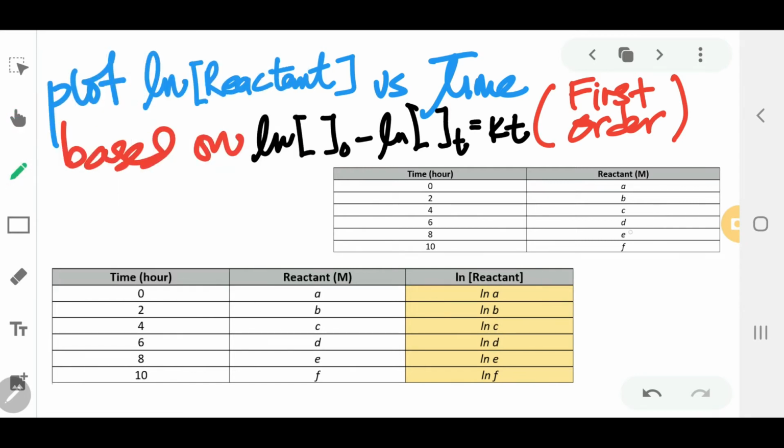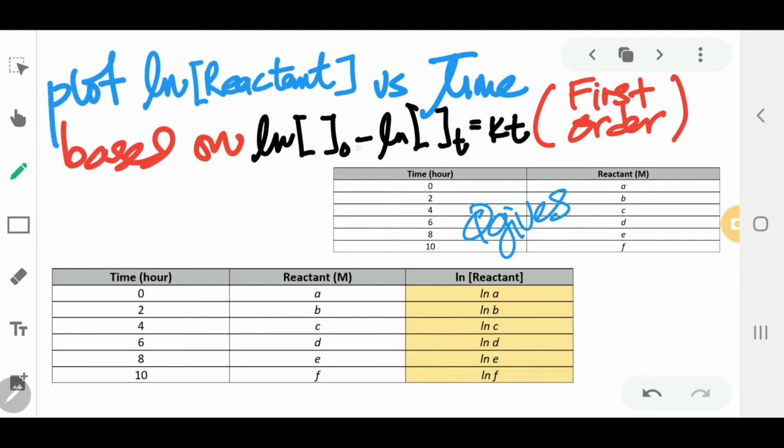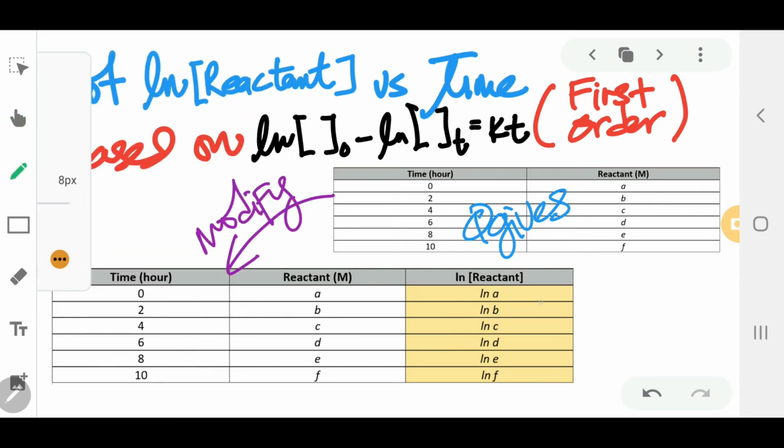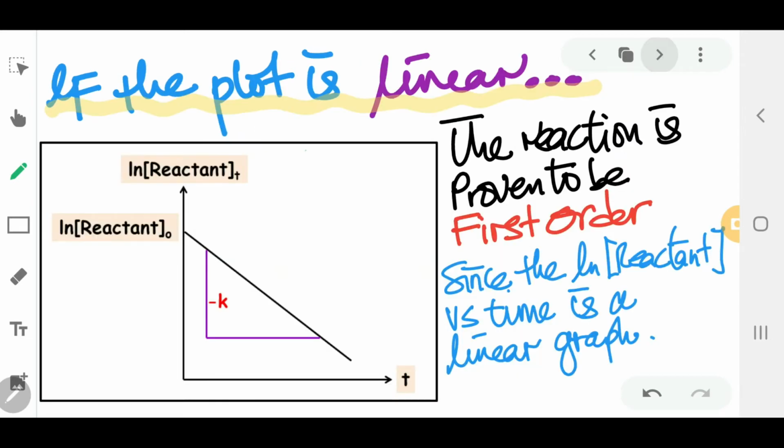The table over here is what the question gives, and before you plot, you have to modify the table to this form. So you're going to plot this versus the time, that part over here for the plotting.